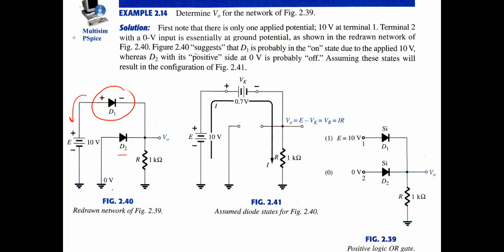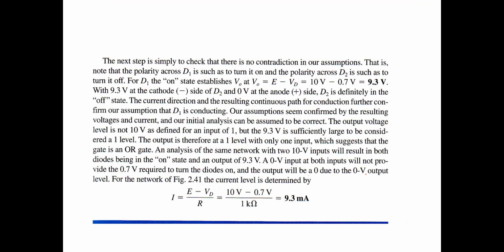So D1 will be on, because E is larger than Vk here. We can make an equivalent circuit like this, with D1 connected to 10 volts and D2 connected to 0.